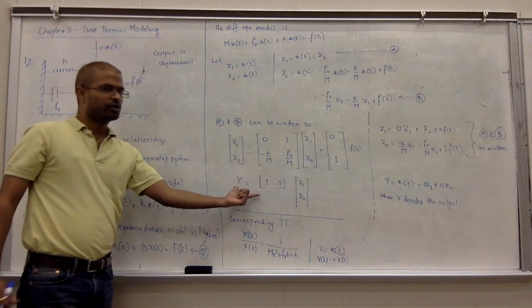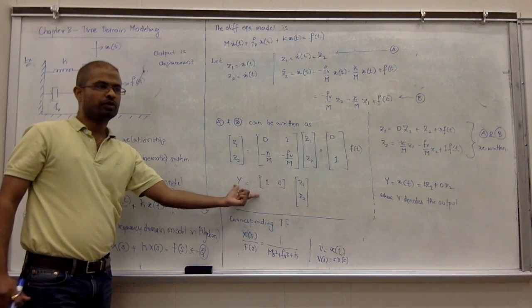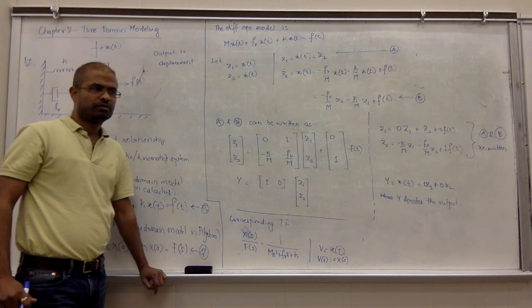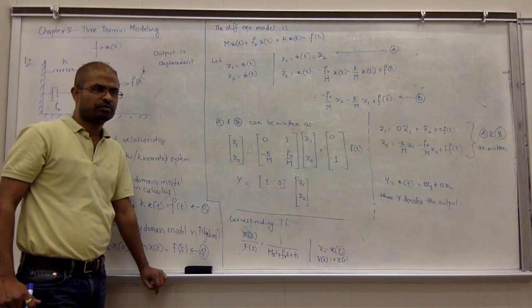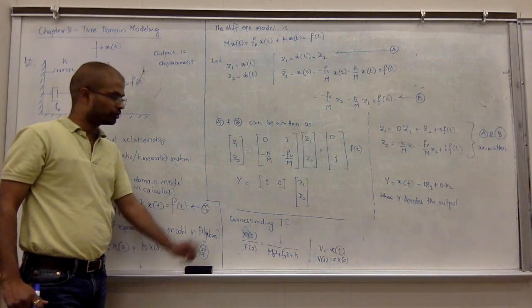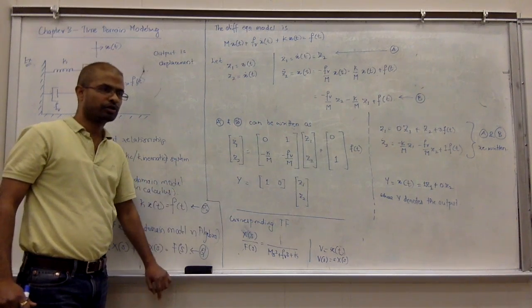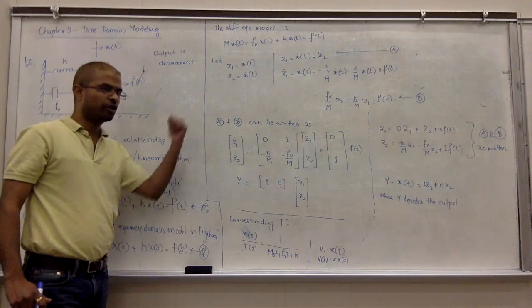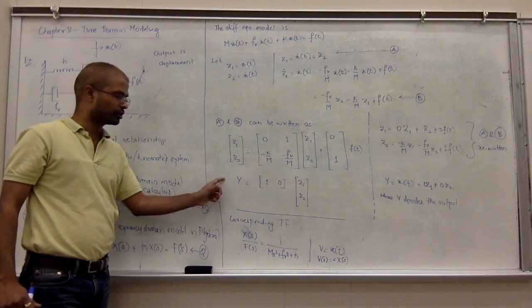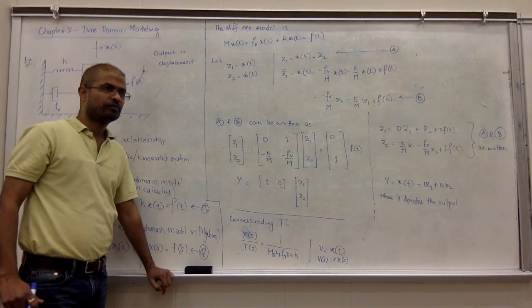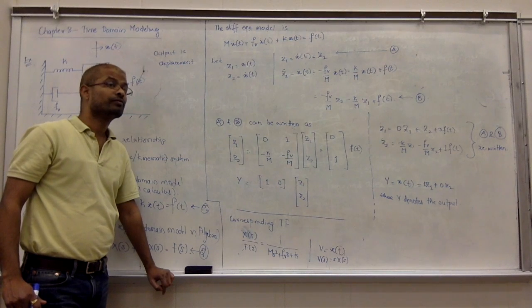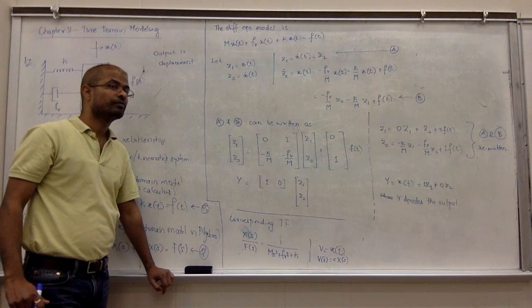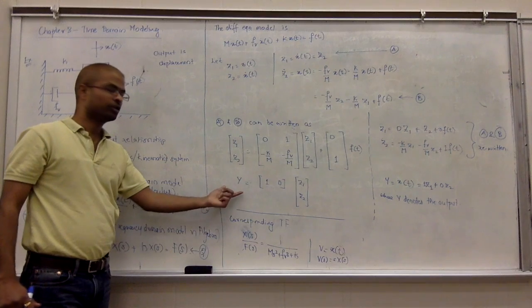How does this change if I was trying to measure velocity? If I say output is velocity, how would this equation change? Instead of Z1 and Z2, it would be Z1 dot and Z2.